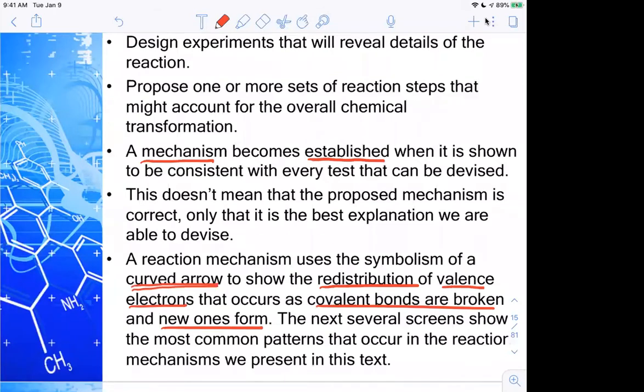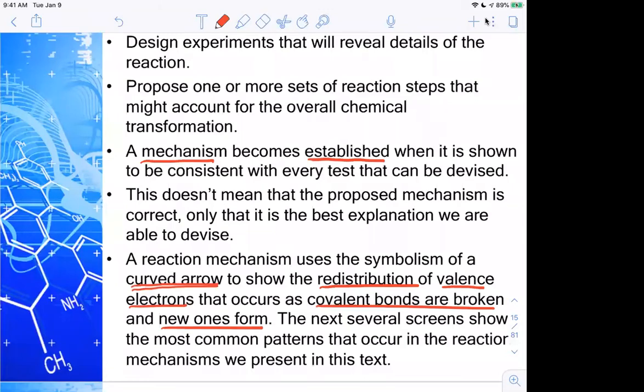Sometimes I'm going to explain them the way they're explained in the text, and also maybe a little bit differently, because sometimes this text will oversimplify things a little bit, but it'll become clear as I go through these explanations. This arrow pushing is extremely important in organic chemistry.